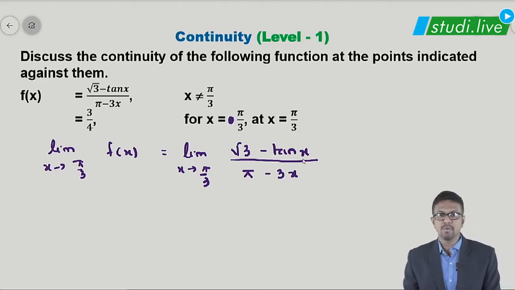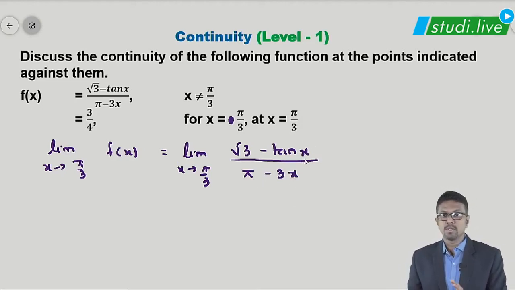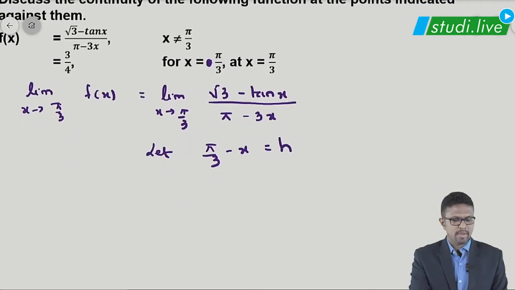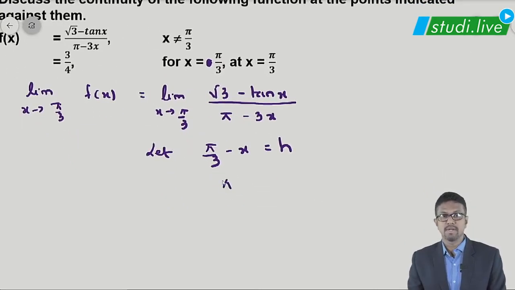So let us now substitute for x. Let pi by 3 minus x be equal to h. Of course, we will have to find the value of x. So I can say that pi by 3 minus h is equal to x.